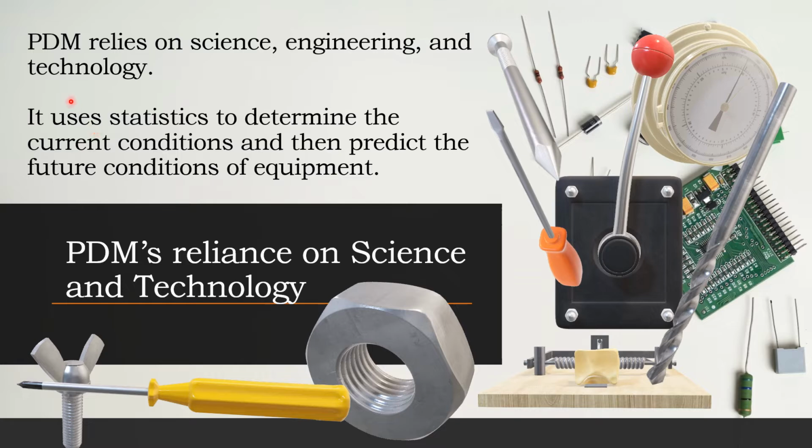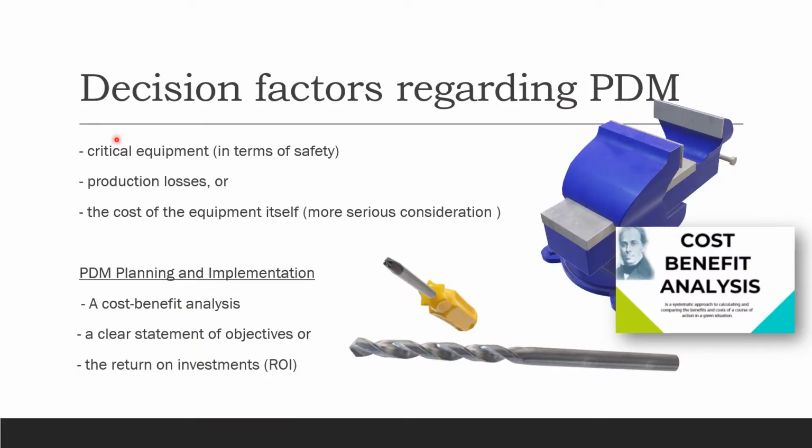So predictive maintenance totally relies on science, engineering, and technology, and we heavily use that to determine the current conditions, and then we predict the future conditions of any equipment. So for decisions, we look at the critical equipment, and we look at the equipment criticality based on safety.